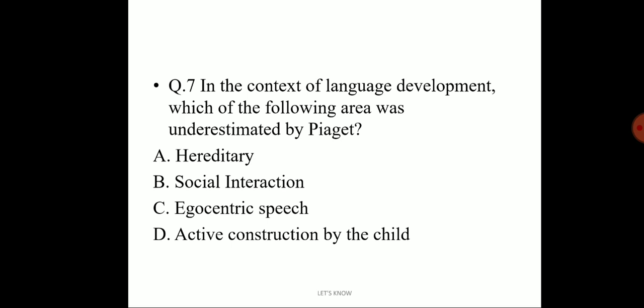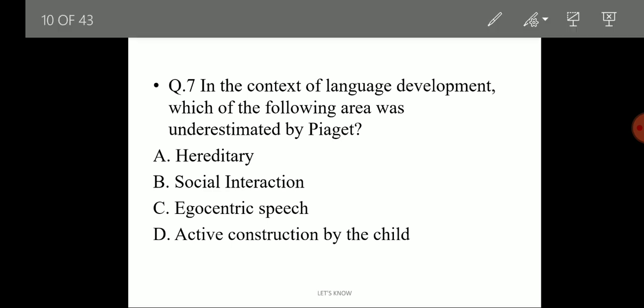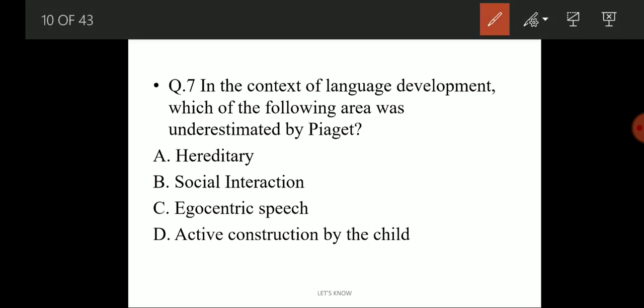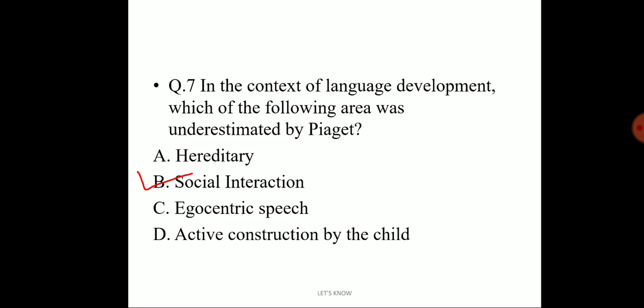Which area was underestimated by Piaget? Piaget has just ignored it. The correct option will be social interaction, because he has not said anything about social interaction. Vygotsky focused on social interaction; he proposed the sociocultural theory. So our correct option will be B, social interaction. Next slide.